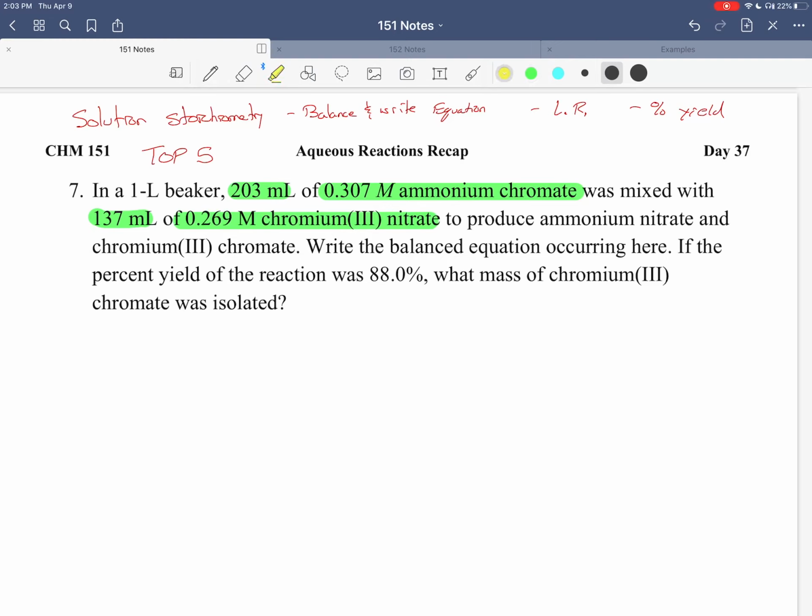It tells you to write the balanced equation occurring here. How nice. If the percent yield of the reaction is 88%, what mass of chromium-3 chromate was isolated? Now that question, right away, think solid.